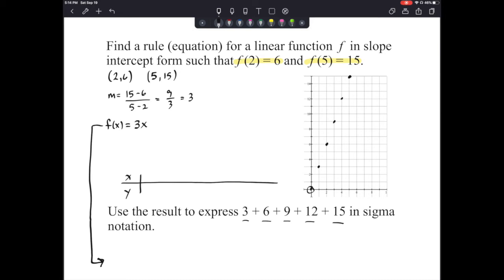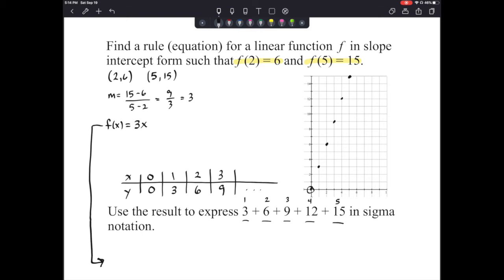In terms of this function, right, my 0th term would be like 3 times 0 is 0. My first term, when I plug in 1, I get 3 out. When I plug in 2, I get 6 out. When I plug in 3, I get 9 out, and so on. So this is like our first term, our second term, our third term, our fourth term, our fifth term.